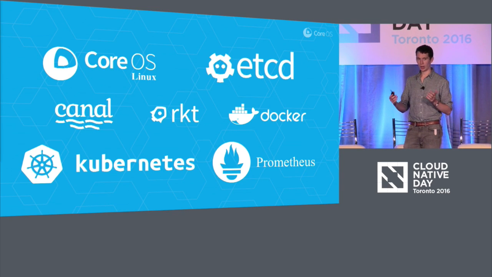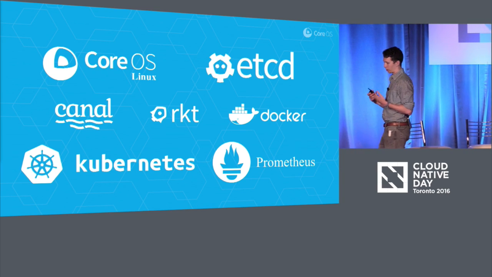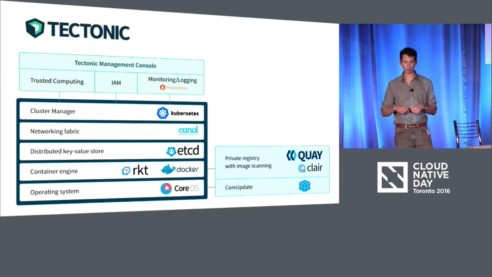And there's a lot of technologies that are out there today that make all this technology possible. And there are a lot of things that we work on and that we contribute to. What we want to do is simplify and curate that stack for people who are interested in running their infrastructure in this way.